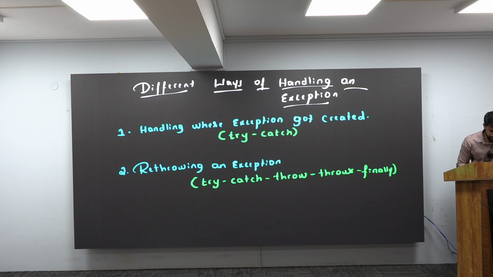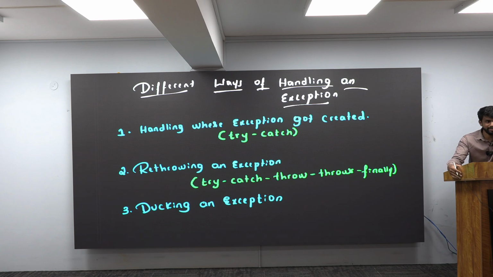What's the next one? Third way also you can 100% achieve. How is that, sir? The third way is known as ducking an exception, and 100% I'm not here to catch any ducks. But the name of this way of handling an exception is ducking an exception. And to do this, you can use try, catch, and 100% you can use what?